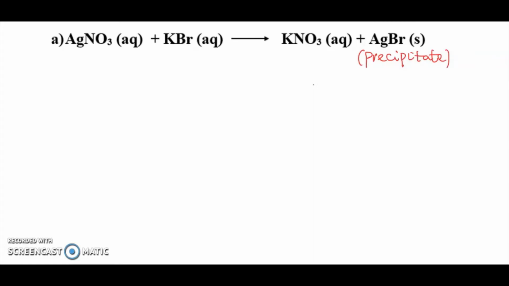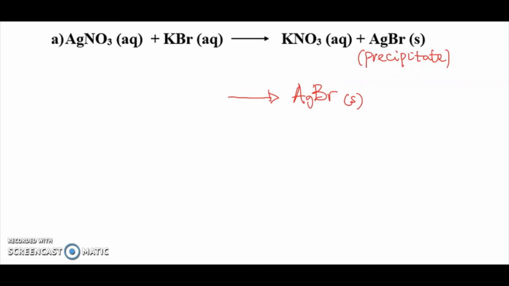So for reactions in which a precipitate is formed, we can simply write the ionic equation by observation. How do we do it? We write the precipitate as the product. So in this case, we write the silver bromide as the precipitate, and for the reactants we write the ions that make up this precipitate.